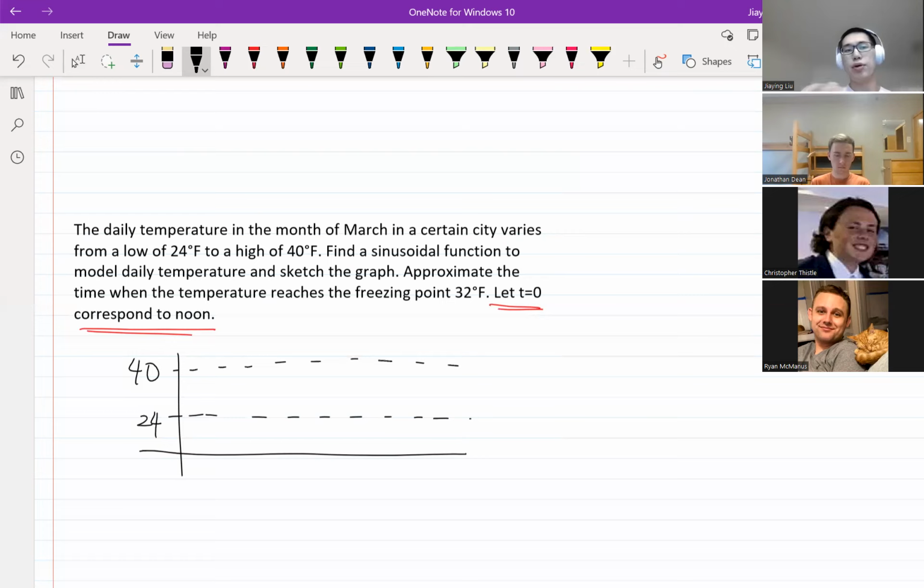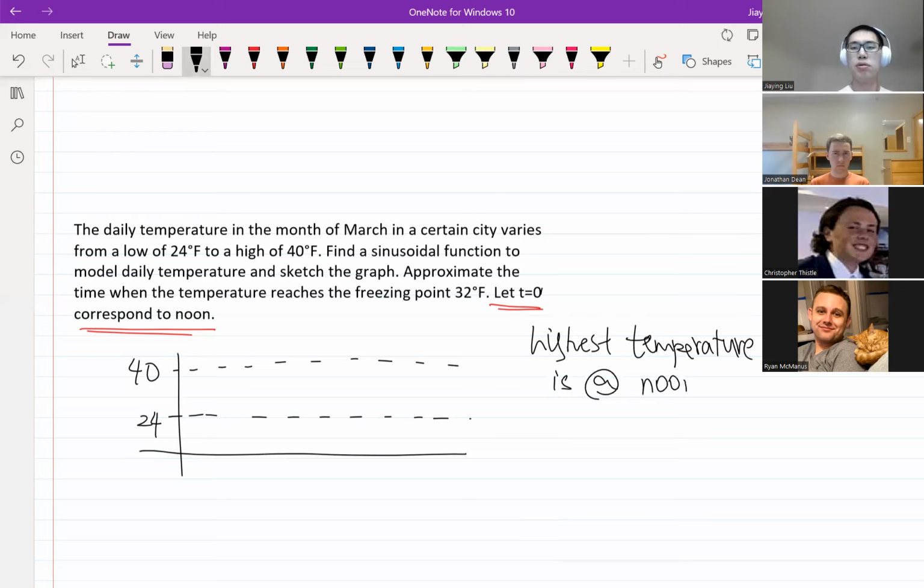So I'm going to simplify this by just saying that the highest temperature is at noon, and the lowest temperature is going to be at midnight, because that's going to save us some trouble here.